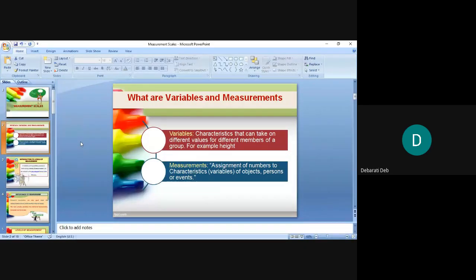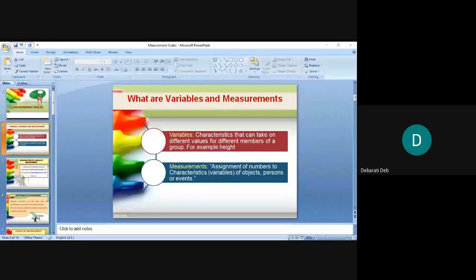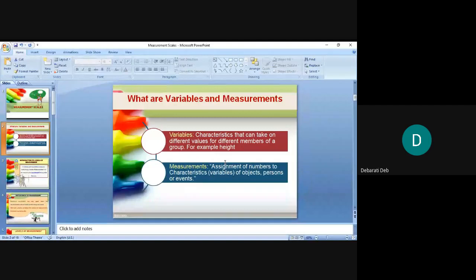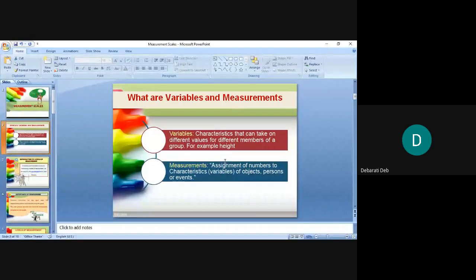And then what is measurement? Measurement means assignment of numbers to characteristics or variables of objects, persons, or events. Now, when you have the variable, say height, you need to collect the data in a certain measurement scale so that you can get a numerical value with respect to the variable height.